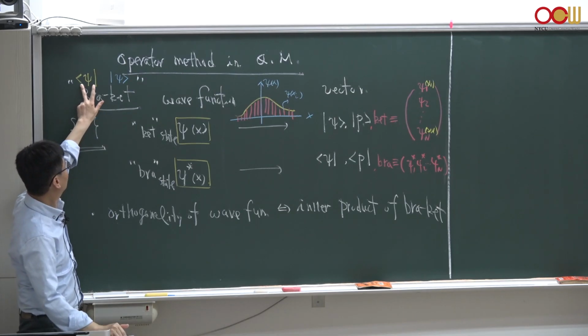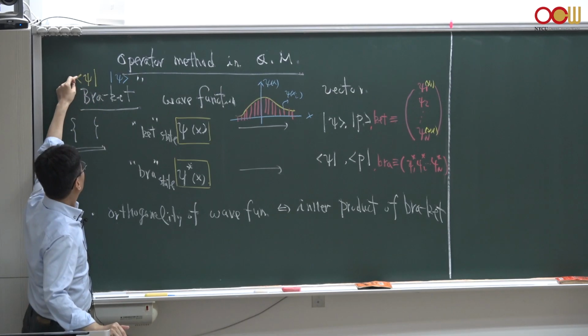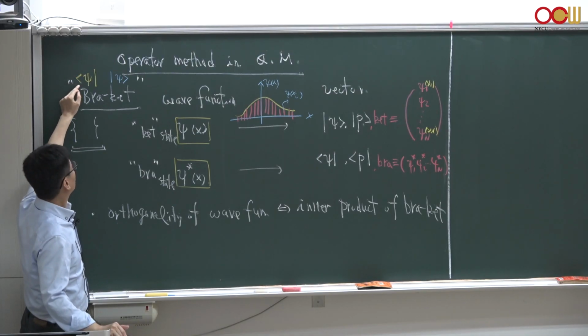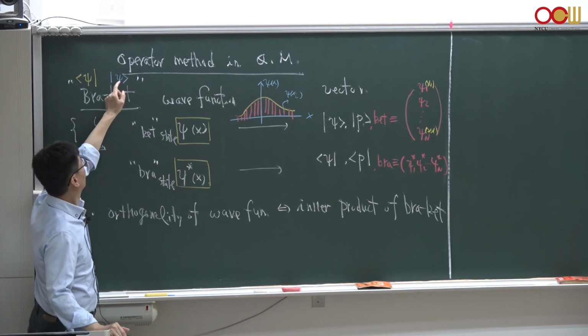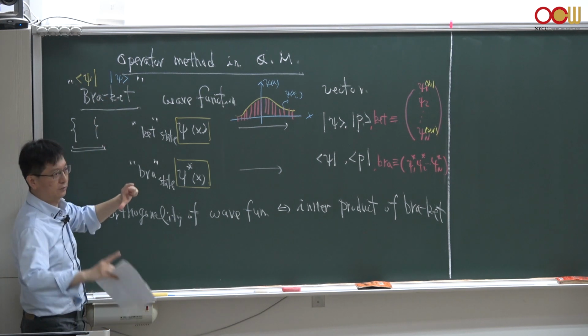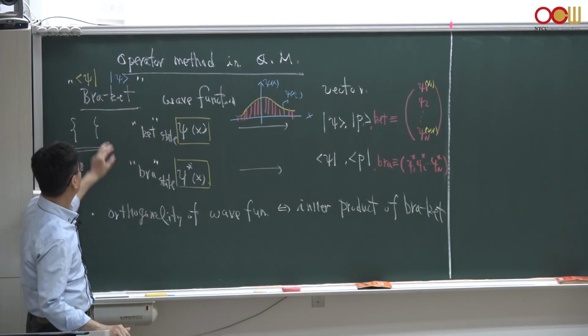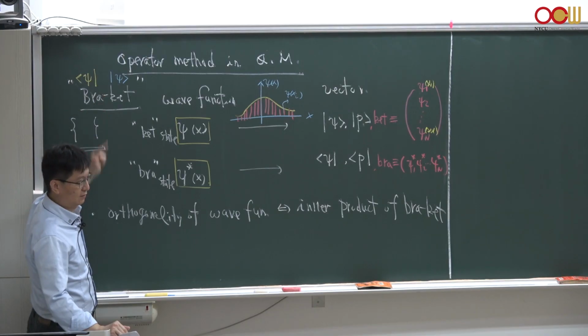The bra is on the left, where you have this kind of angular bracket on the left part, while this ket state has a vertical line on the left, but this kind of bracket notation on the right. So if you enclose this bra and ket state in the inner product, you really form the bracket.